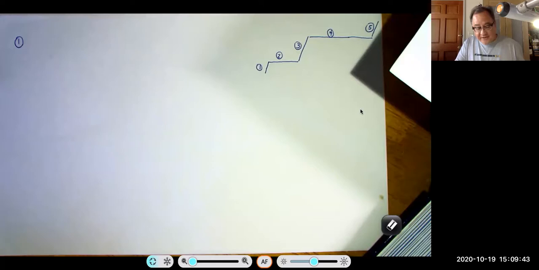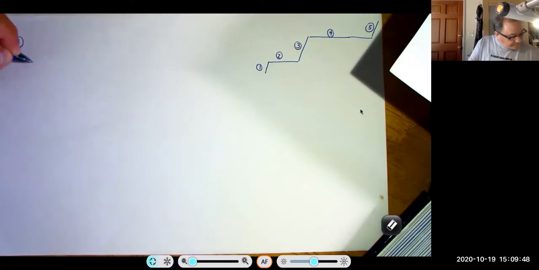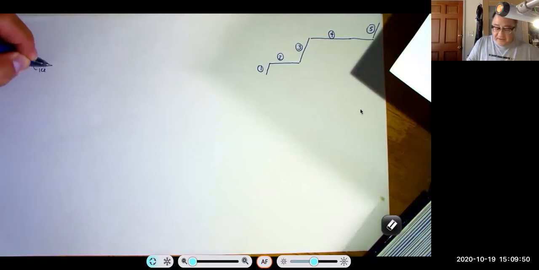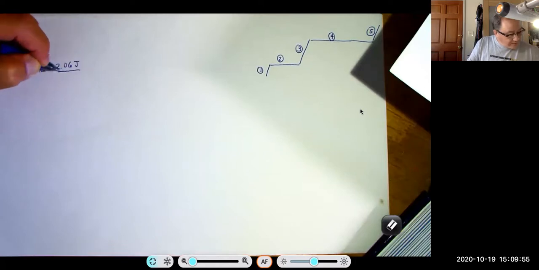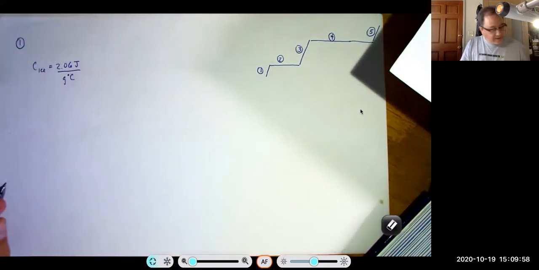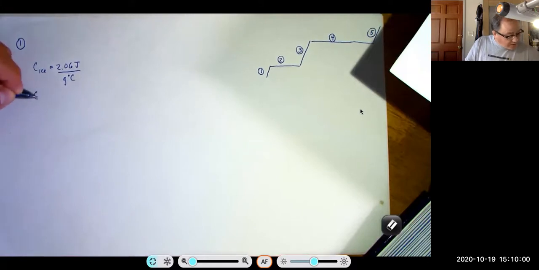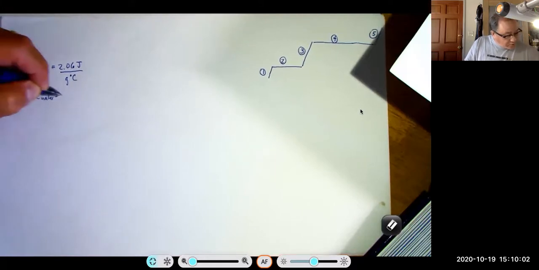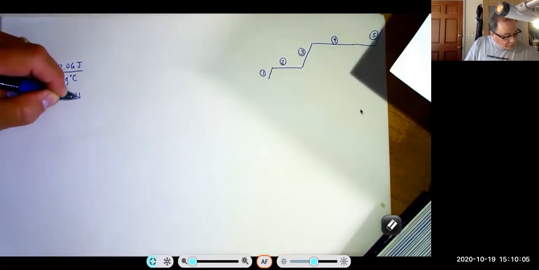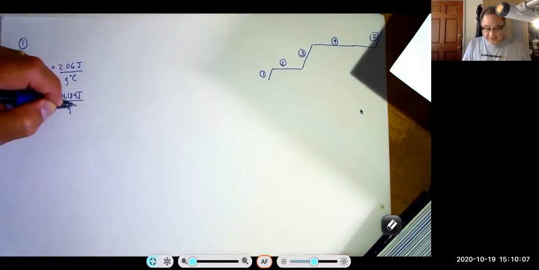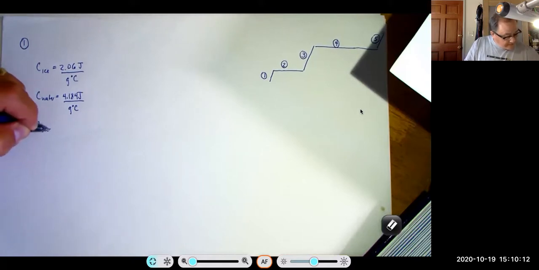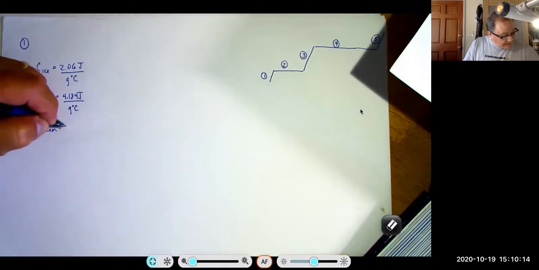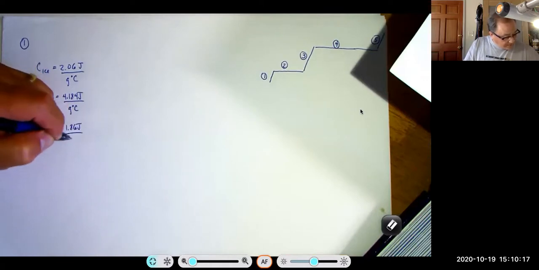So for ice, the specific heat capacity of ice is equal to 2.06 joules per gram degree Celsius. The specific heat capacity of water is 4.184 joules per gram degrees Celsius. And the specific heat capacity of steam is 1.86 joules per gram degrees Celsius.